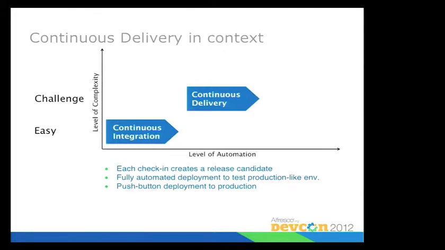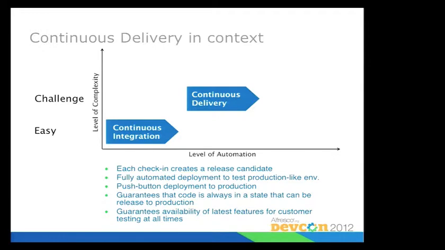We'll come to that in a minute. It guarantees that the code is always in a state that can be released to production. This is a critical factor. And it always enables the QA people to have the latest implementations, the latest features available for testing. So you can do a very, let's say, tightly coupled release of implementations, check-ins, and testing kind of process.